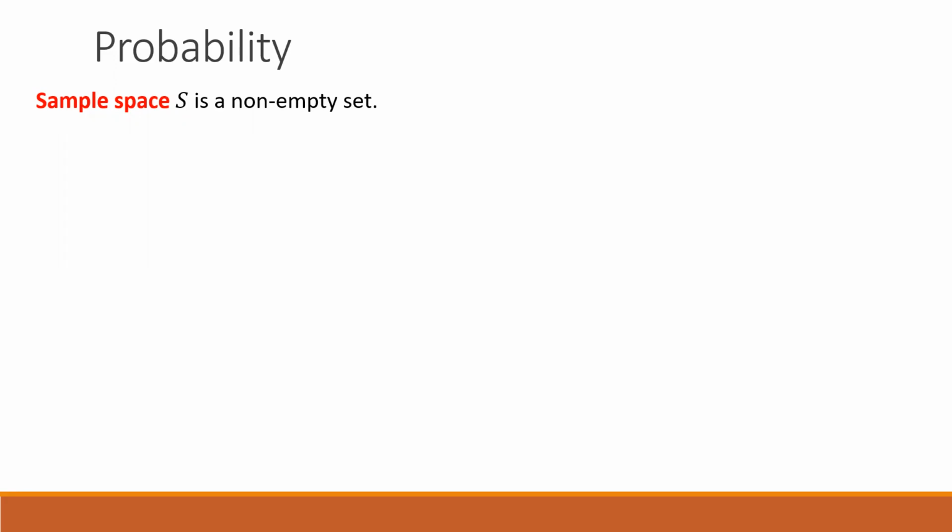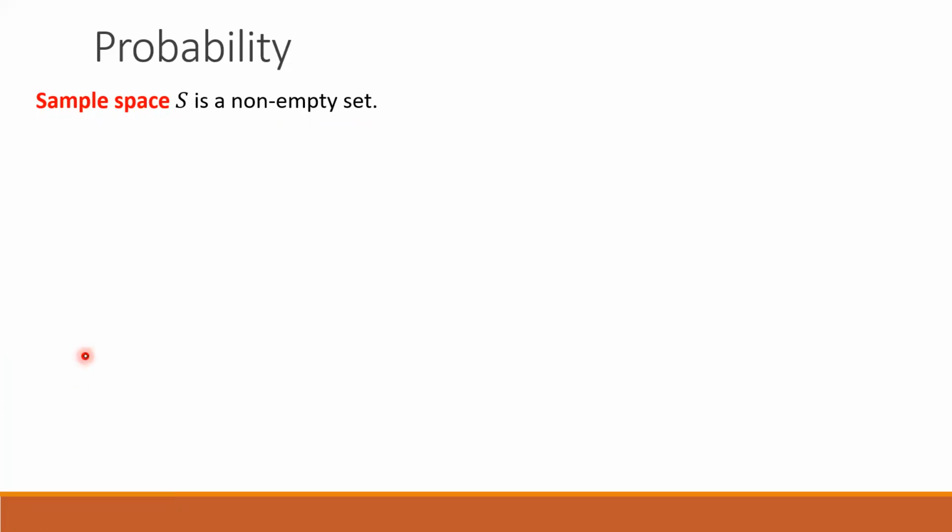Okay, so probability. We're going to now get into officially the part that is actual information that you need to know for instance, for assignment 3 and a little bit of the midterm. So to start with, we have a set S. That's a non-empty set that is called a sample space.